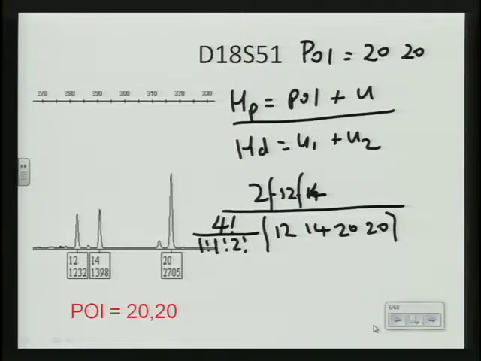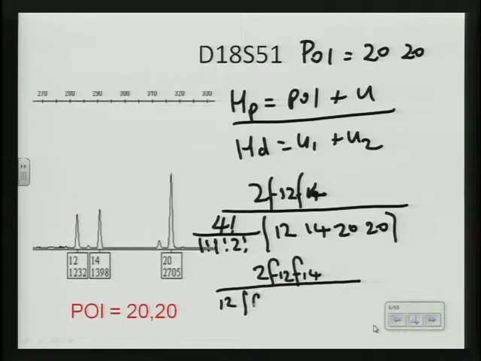Yeah. 4 factorial is 24 over 2, that gives me 12, so that goes down to 2 F12 F14 divided by 12 F12 F14 F20 squared.